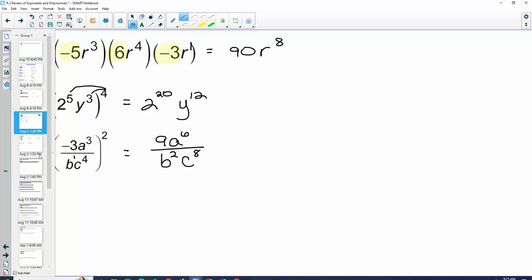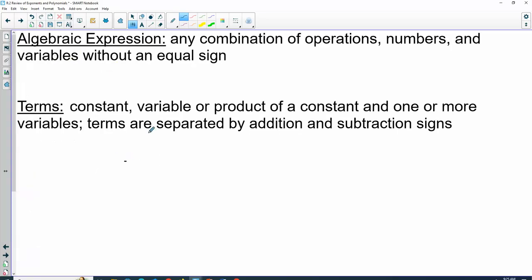Let's go over a few more terms. When I say an expression, basically your expression doesn't have an equal sign. So everything that we just did, those were algebraic expressions. Anything without an equal sign is an expression.